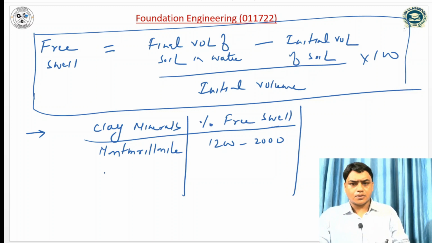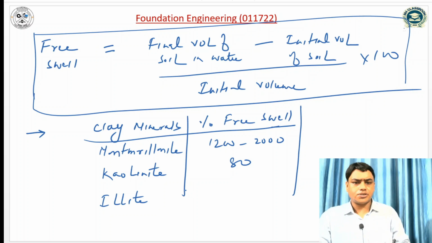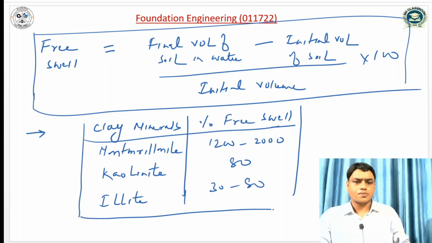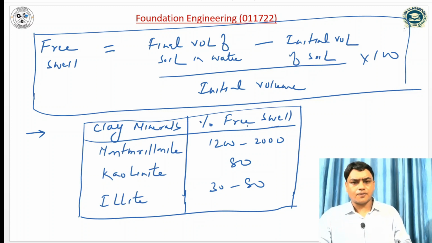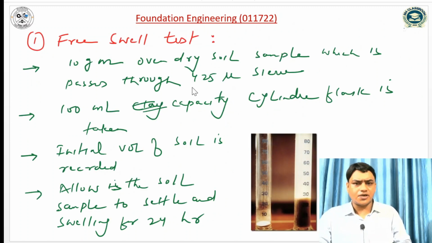For kaolinite it is 80, and for illite it is 30 to 80. So this is the value accordingly for the different clay minerals. We can see that the percent free swell value for montmorillonite is very high as compared to kaolinite and illite. So this is the first test, the free swell test.